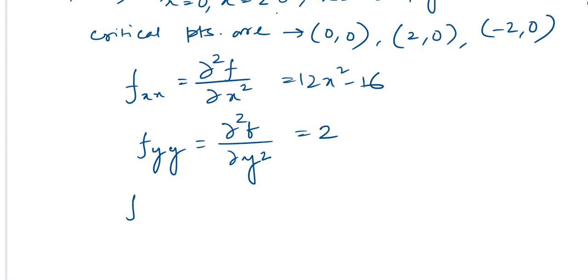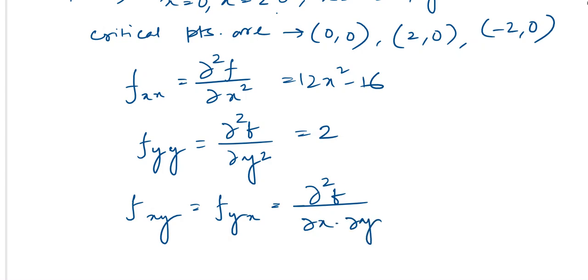And f of xy equals f of yx, that is del 2f by del x del y, equals 0.